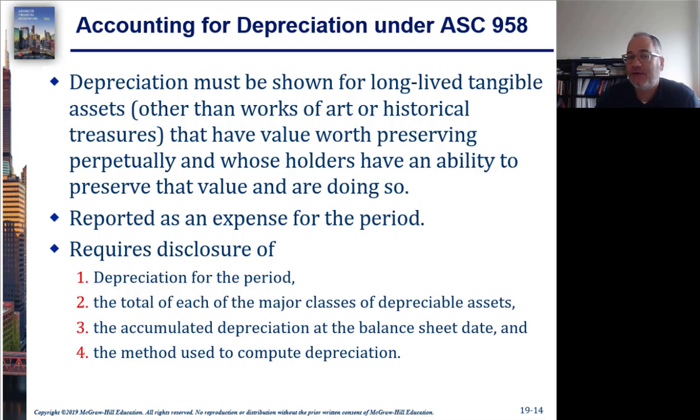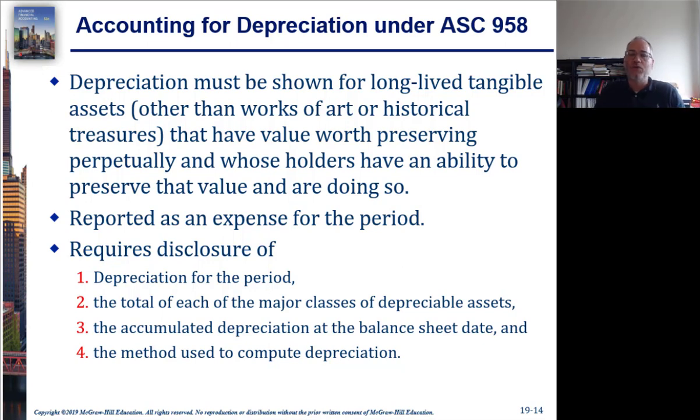So this is going to seem very similar here. Depreciation must be shown for long-lived tangible assets other than works of art or historical treasures that have value worth preserving perpetually and whose holders have an ability to preserve that value and are doing so. So even though you plan to hold something forever, you still need to depreciate it, and it would be recorded as an expense.